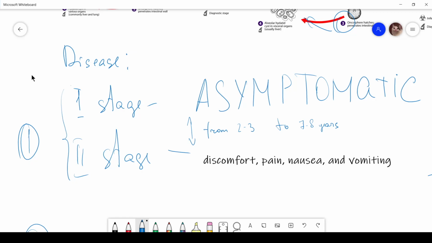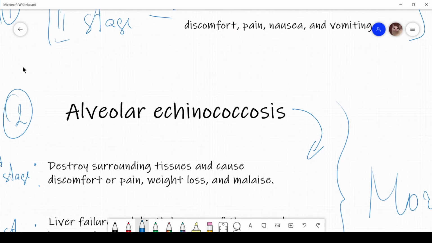Okay, Echinococcus multilocularis affects the liver as a slow-growing, destructive tumor, often with abdominal pain and biliary obstruction being the only manifestation evident in early infection.